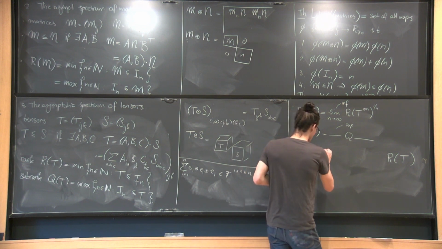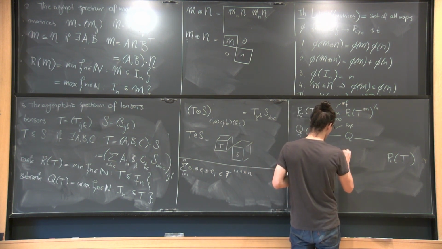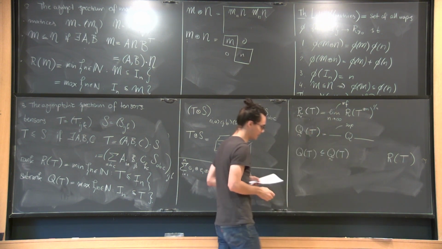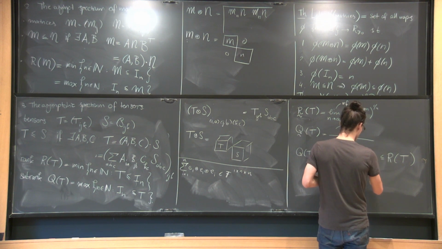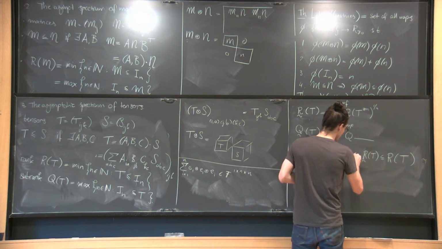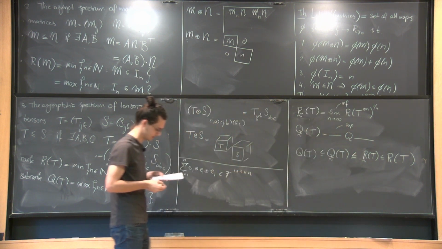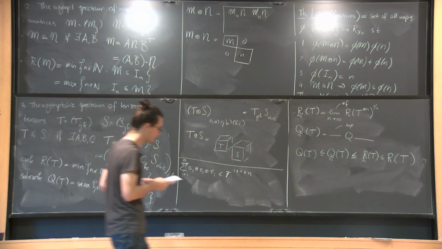And these parameters are actually in between. So the asymptotic subrank is lower bounded by subrank, and the asymptotic rank is upper bounded by rank, and they also satisfy the middle inequality. So that's the situation. And these inequalities can all be strict.